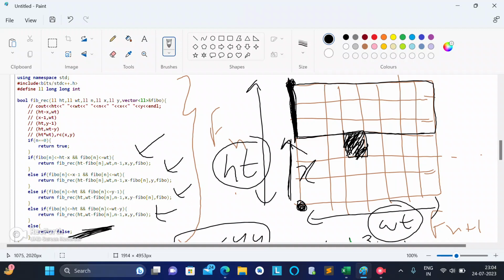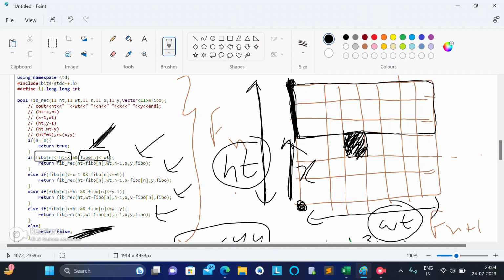That is the x coordinate. Height minus x, this is the length. You got to know that the height minus x is the length. You can see height minus x is here, where I am in the code. You can see I am marking Fibonacci of n is less than or equal to height minus x, and Fibonacci of n is less than or equal to width.